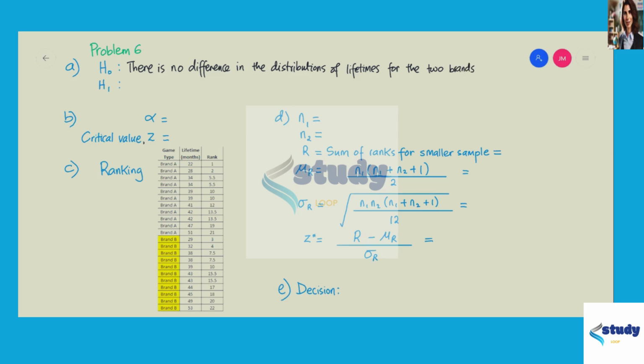Then the alternative hypothesis is that there is a difference in the distributions of lifetimes for the two brands.